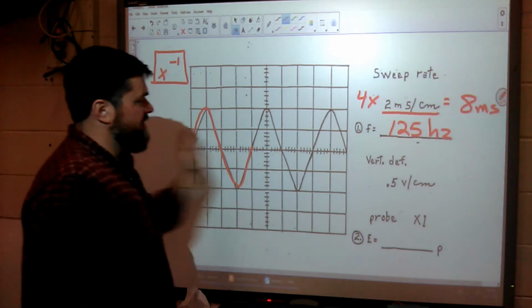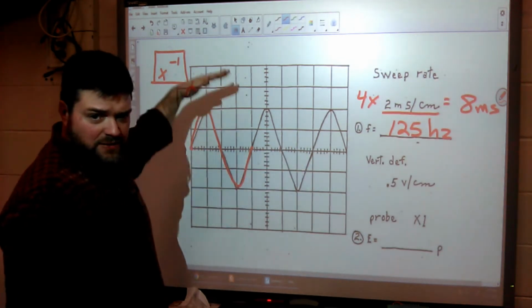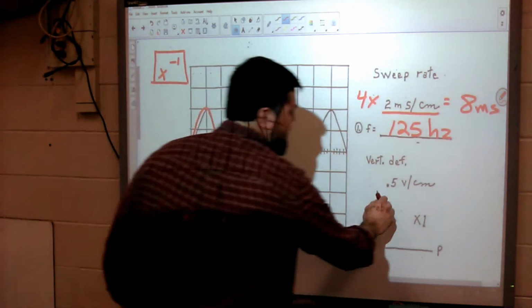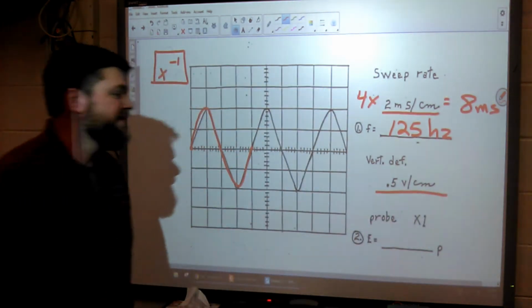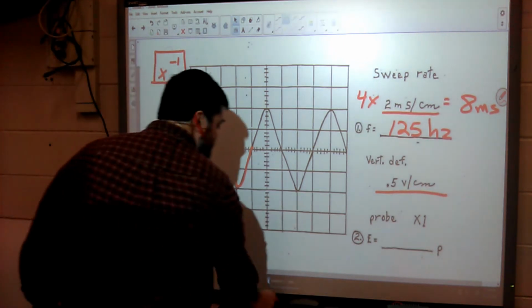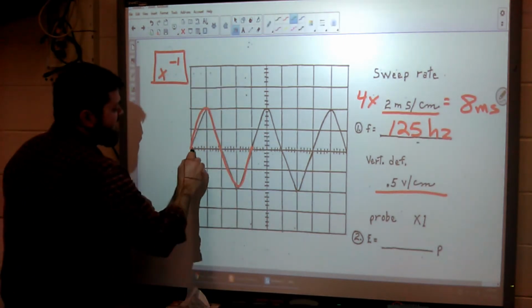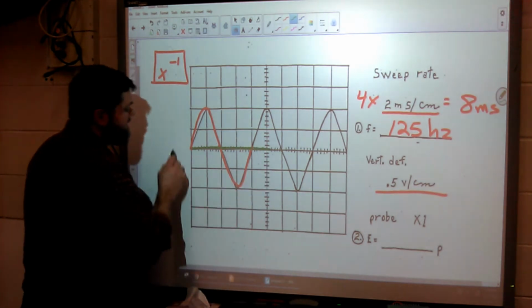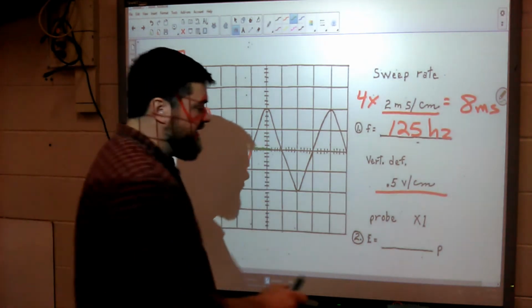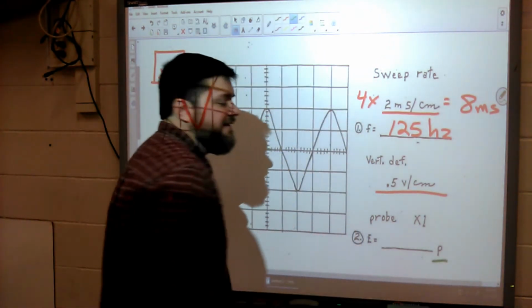Now, that's time. Now we got to talk voltage. It says that each square vertically is half a volt per centimeter. Let's change colors here. Now remember, this is 0 volts across here. When we are trying to figure this out, it wants to know peak.